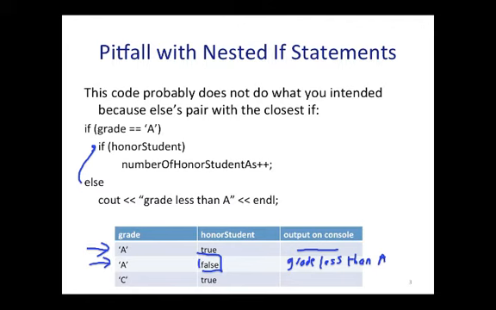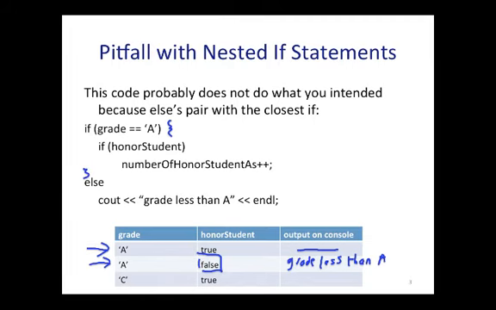Okay? So the way that we handle this situation to get C++ to do the grouping properly is we use curly braces. Remember I said last time, make sure if you're using a compound statement, and an if-else statement is considered a compound statement, use curly braces.